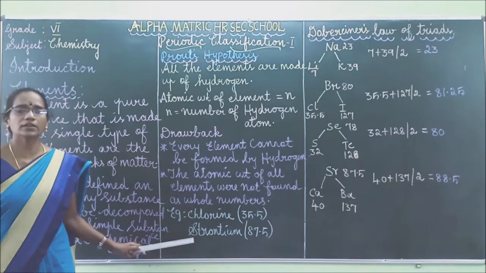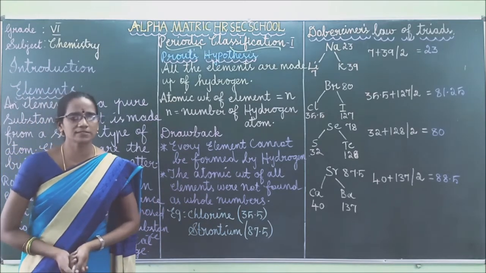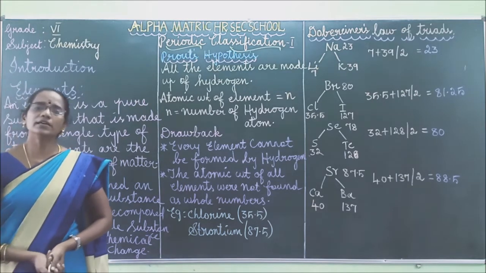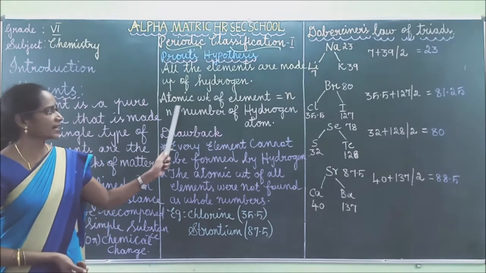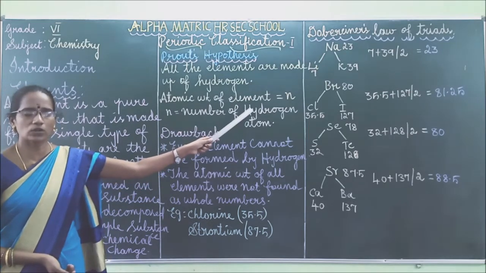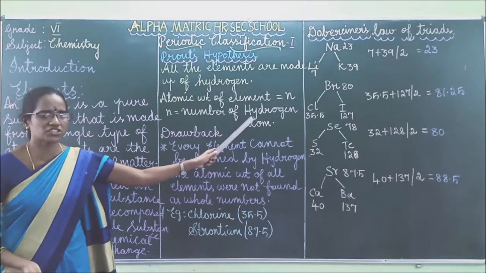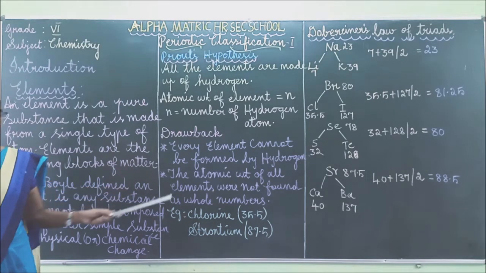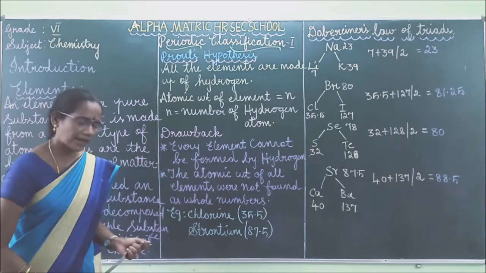So, these are the drawbacks, that is limitations, of Proust's hypothesis, right? Proust's hypothesis says all the elements are made of hydrogen, whereas the atomic weight of an element is equal to N, where N is the number of hydrogen atoms. And the drawback of Proust's hypothesis is every element cannot be formed by hydrogen.